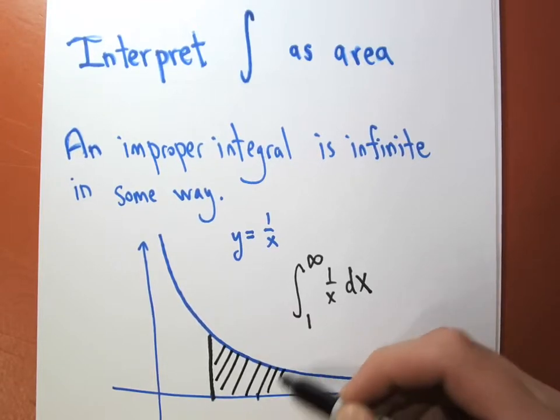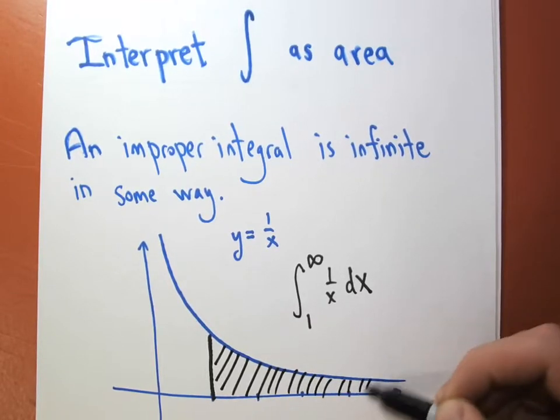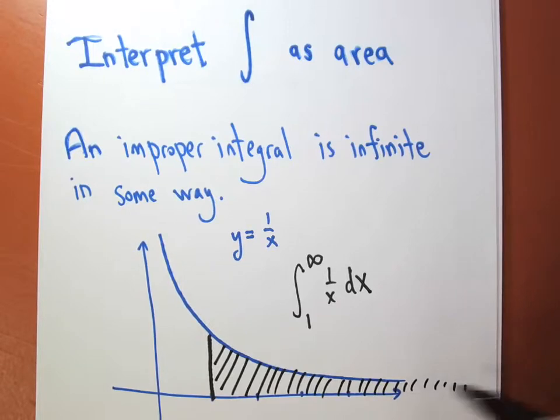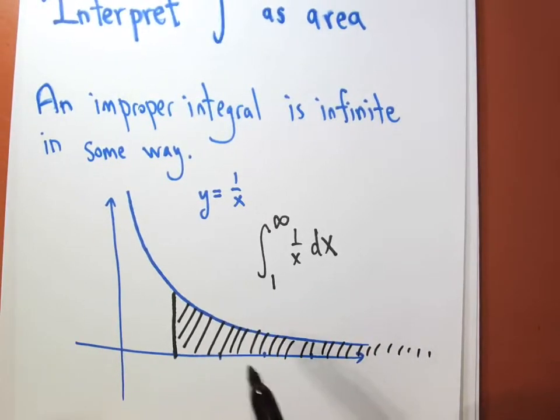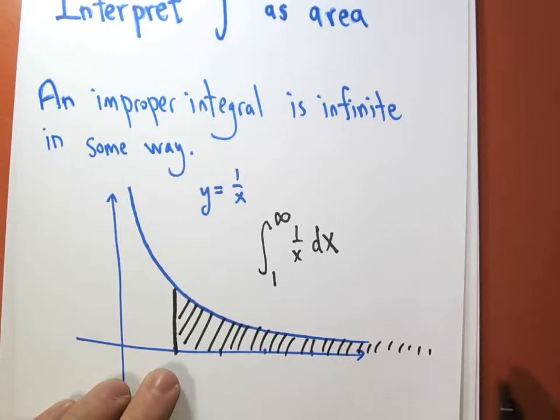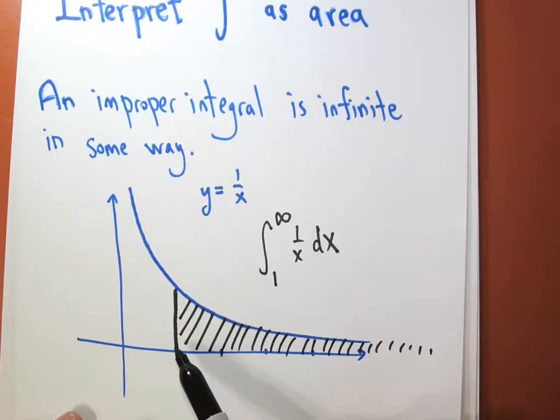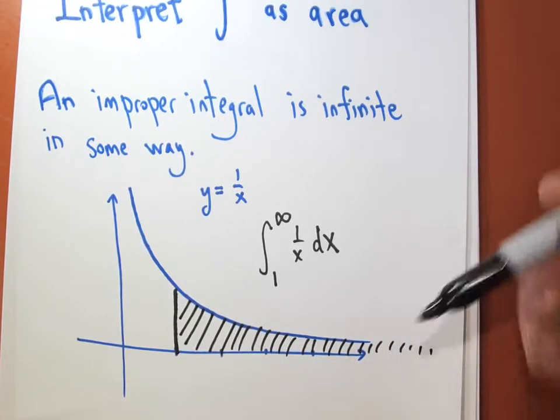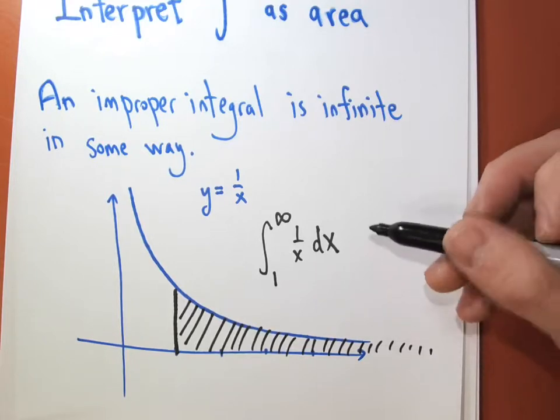So I'm talking about this area. This is a region in the xy plane, and this is an infinite region because the base is infinitely long. Now, just because the base goes on forever, that does not necessarily mean that the area is infinite.